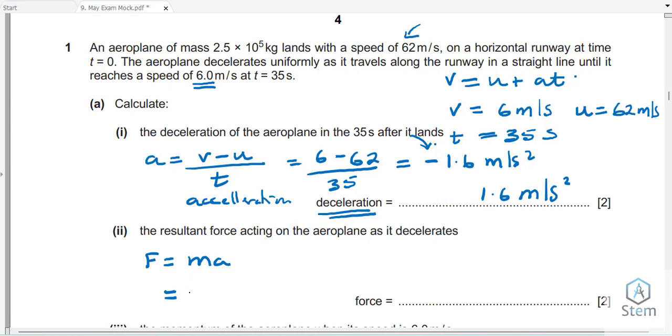M is 2.5 times 10 to the power 5, and A is this one which we calculated, 1.6, and we get our force from the calculator. Don't forget the unit, there we go, that is 400,000 newtons.